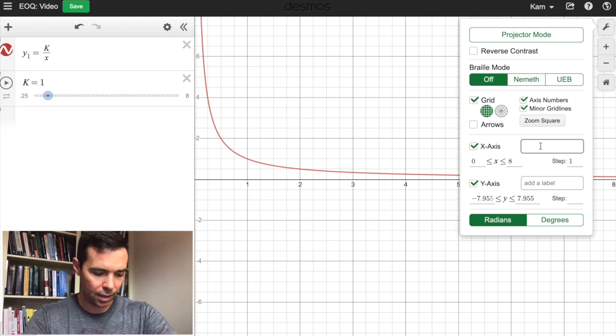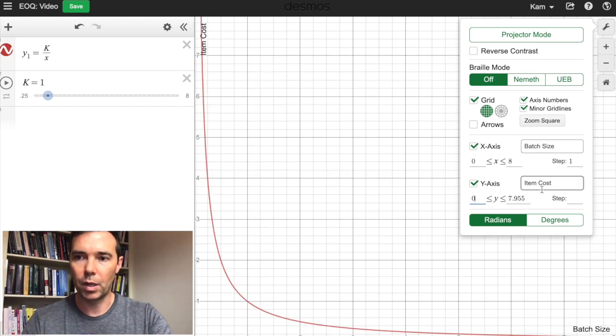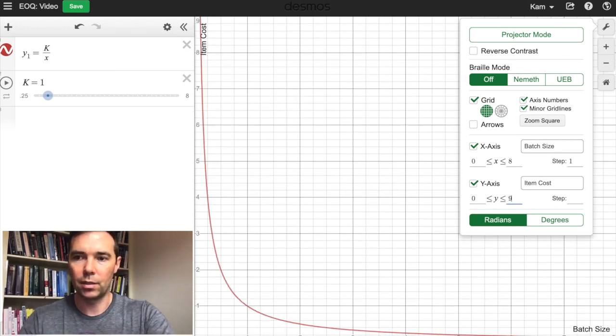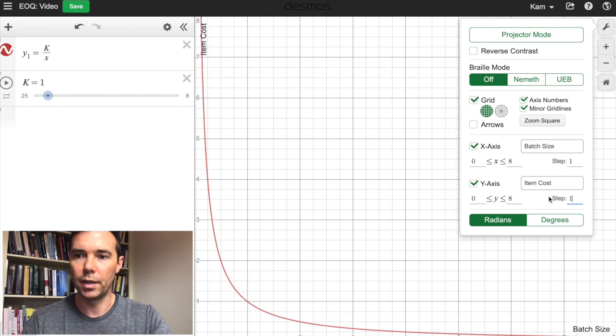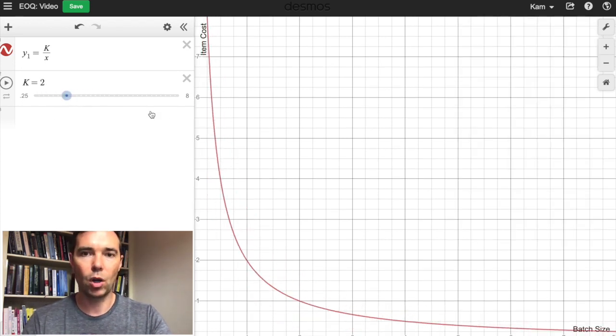So the x-axis is going to be batch size, and the y-axis is going to be item cost. And again, the cost is never going to be negative. Let's do 8 with a step of 1 again. So now this gives us a sense of the item cost as we vary the batch size.